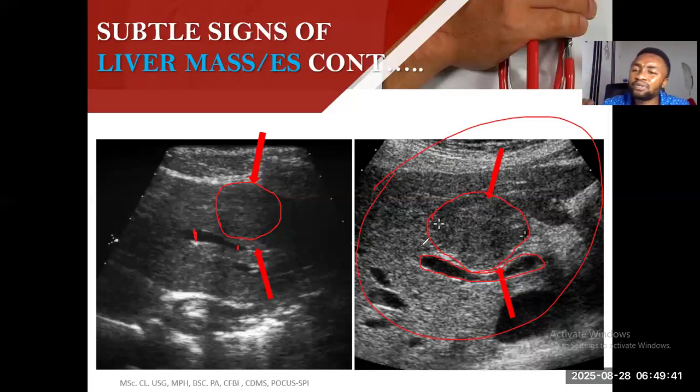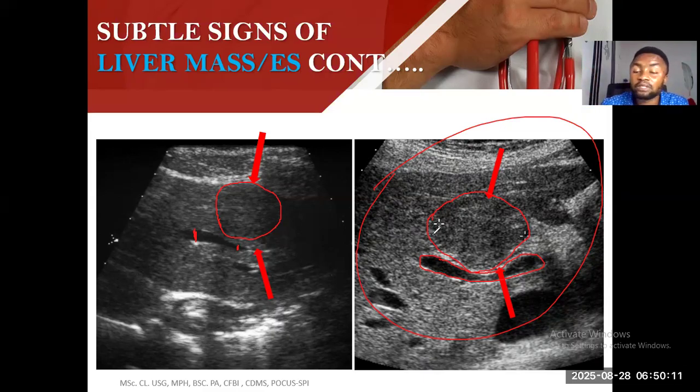If you see something that you think may be abnormal, then you switch to the linear. At that time, you have positioned your mind on it that indeed there is something abnormal, so let me use the linear to confirm. But if you use linear first, you may miss these things. For deep structures, always use curvilinear first. Then, if you think you need to, you can switch and also use linear.